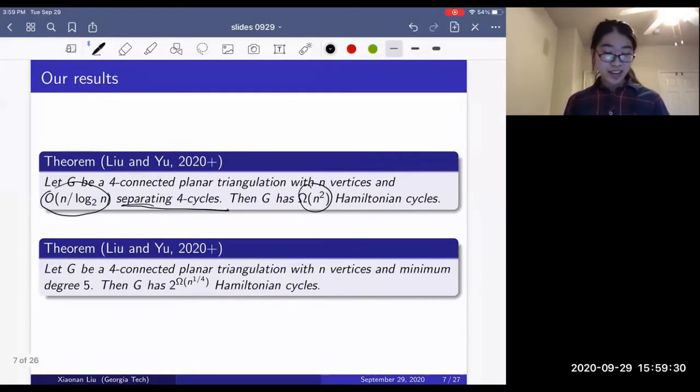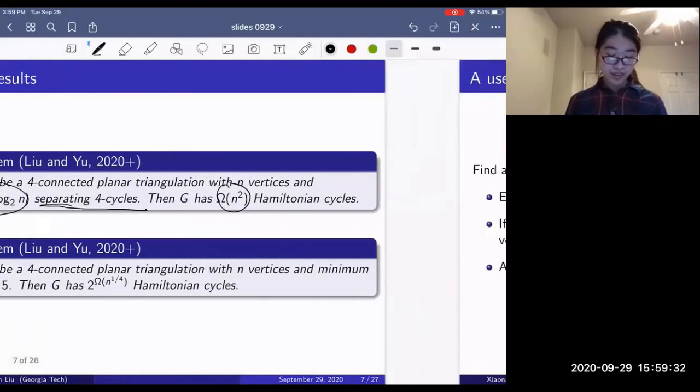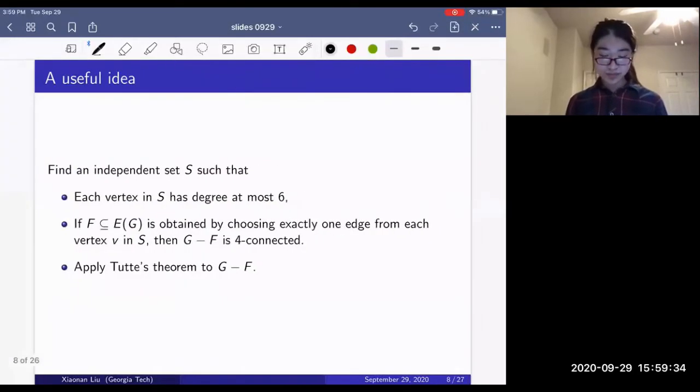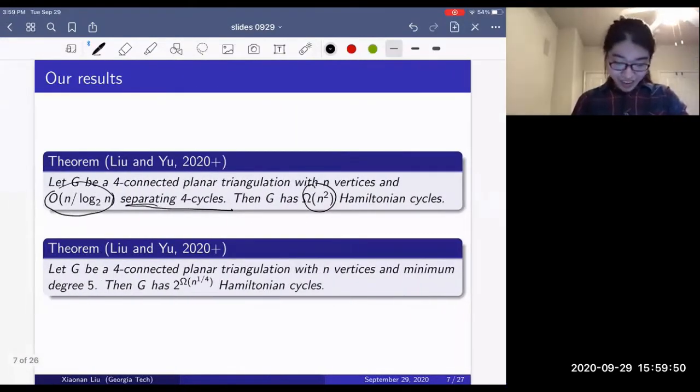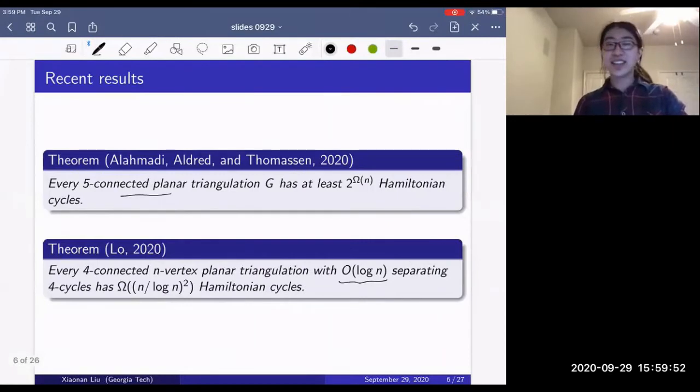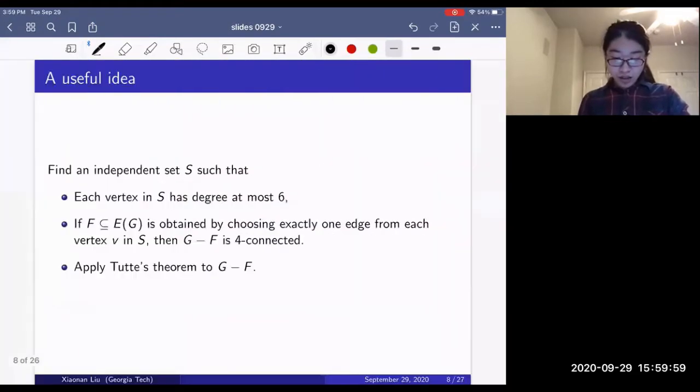Now let me show our idea. First, this is a useful idea, and it comes from the paper of Alahmadi, Aldred, and Thomassen.